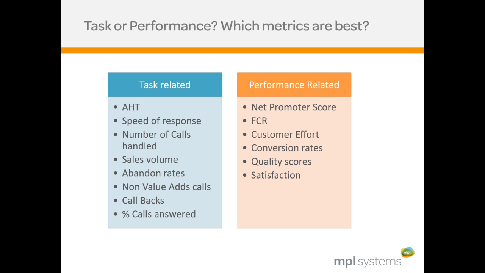As we've already seen, the latter have become much more widely used over the last few years. An individual metric will have a value, but in most cases it's important not to focus on a single metric in isolation of all the others. Instead, you really need to decide on the overall business objective and select a combination of both task and performance-related metrics which help represent that.